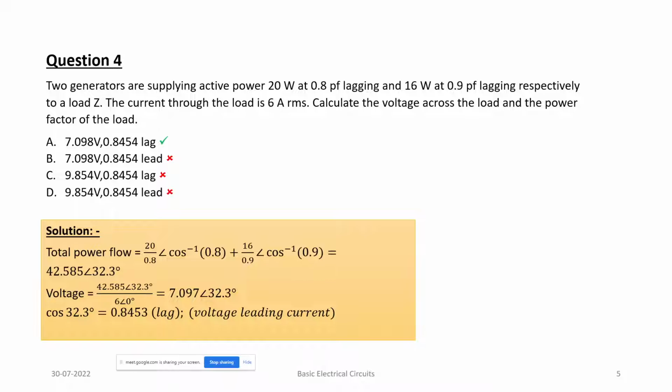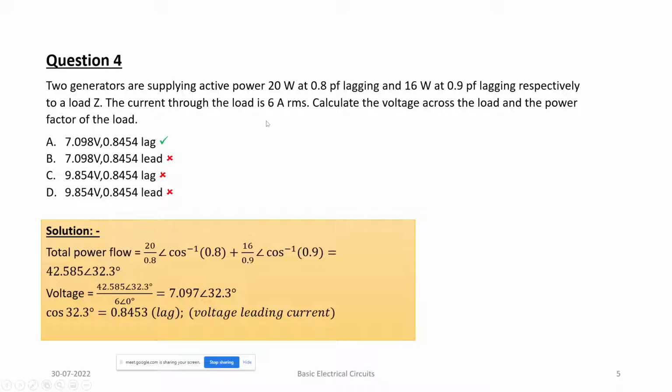Next question. 2 generators are supplying active power of 20 watt at 0.8 power factor lagging and 16 watt at 0.9 power factor lagging respectively to a load Z. The current through the load is 6 ampere RMS. Calculate the voltage across the load and the power factor of the load. To calculate the total power flow, 20 watt is the active power.